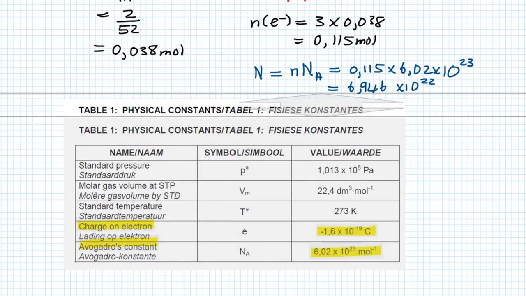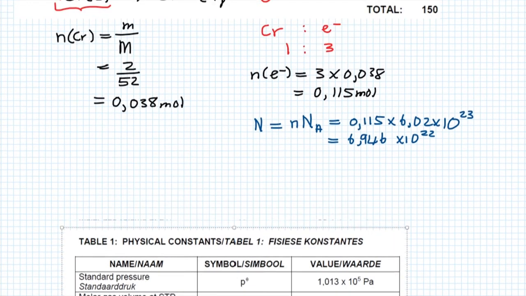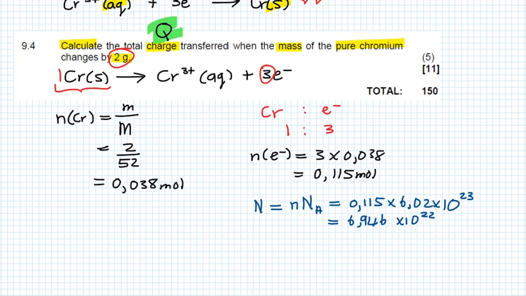Given that we now know the number of electrons that are going to be transferred, we can now determine the charge that is going to be transferred. You're not required to write out a formula as you would in your physics paper, but I'm going to write out that formula anyway. In the physics section, we found that the charge is going to equal the number of electrons multiplied by the charge on an electron.